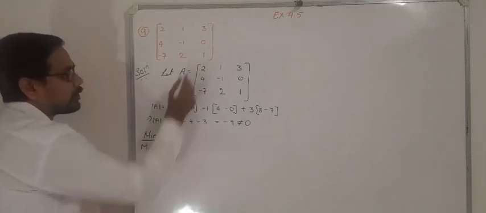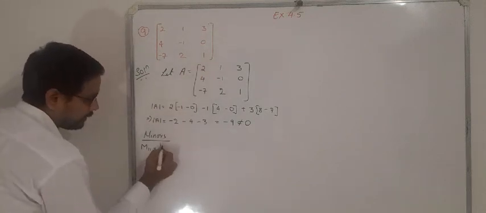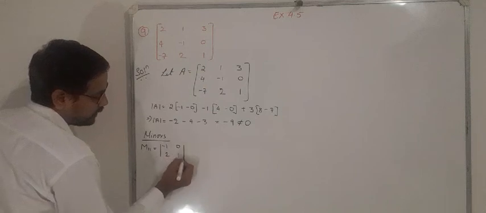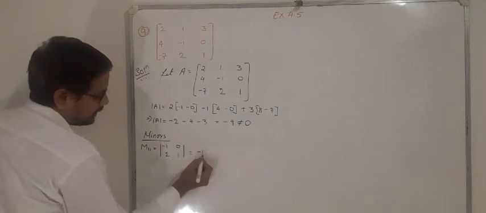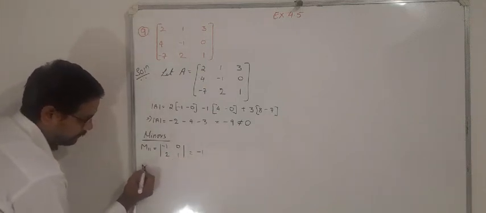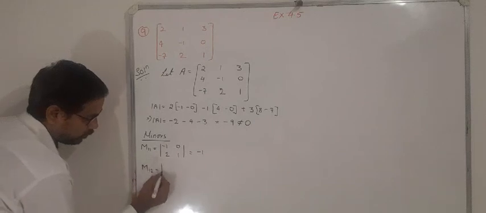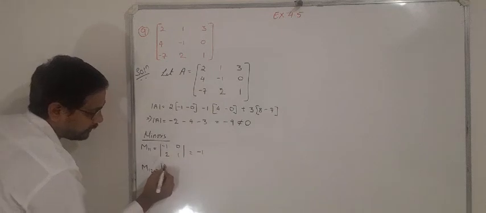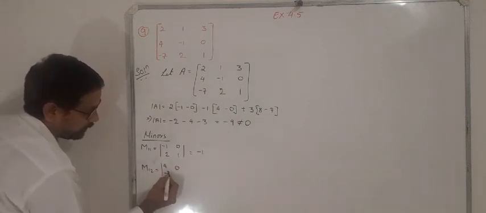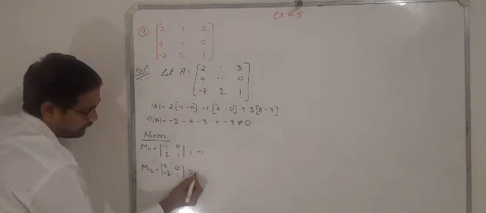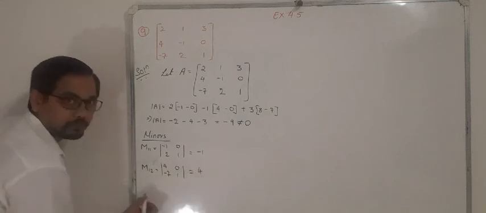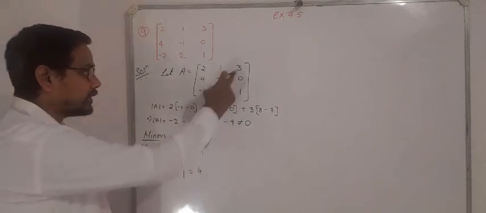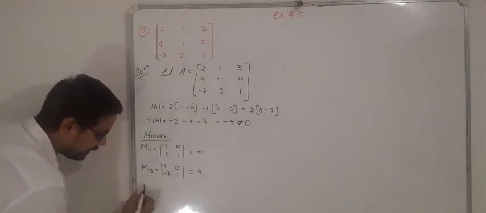M11 is the minor of A11, that is minus 1, 0, 2, 1, so that is minus 1. M12 is the minor of A12, that is 4, 0, minus 7, 1, so that is 4, right?